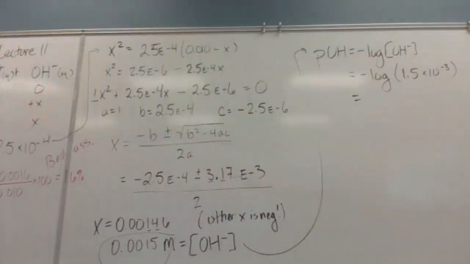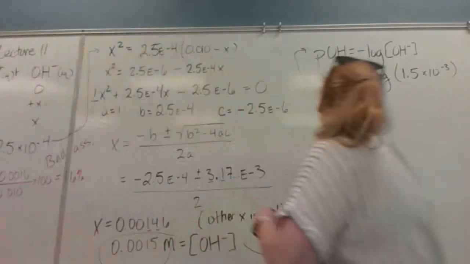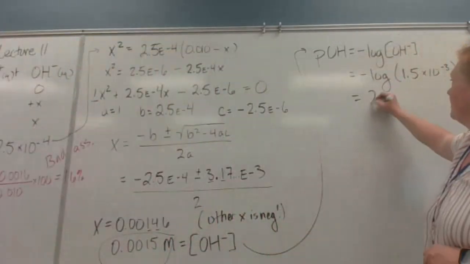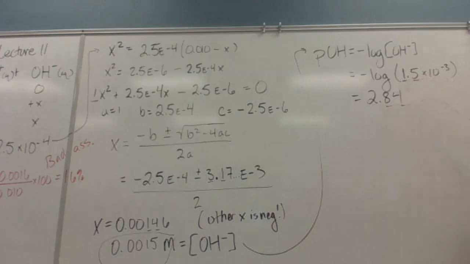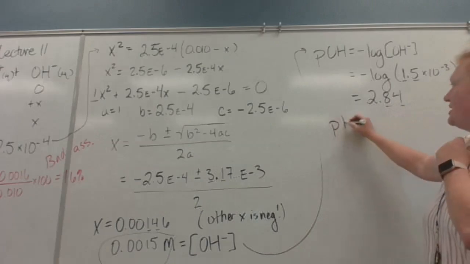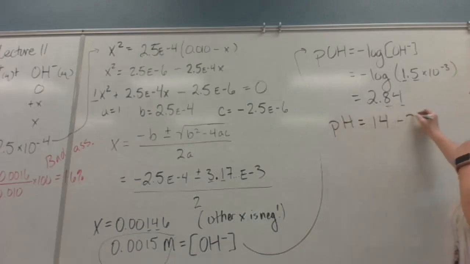Two something? 2 sig figs, 2 decimal places, right? So pOH, 2.84. So pH, basic solution. 11.16.